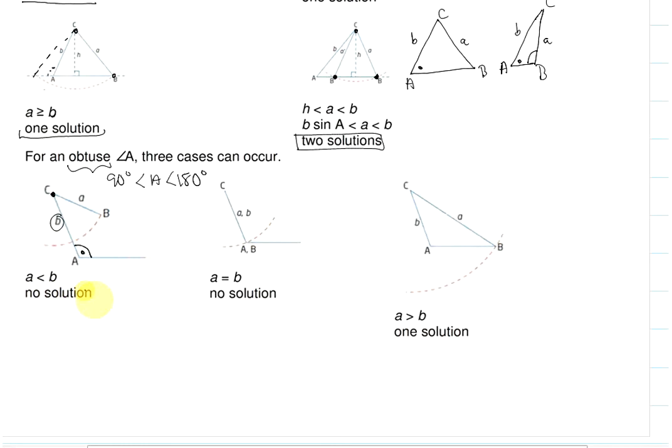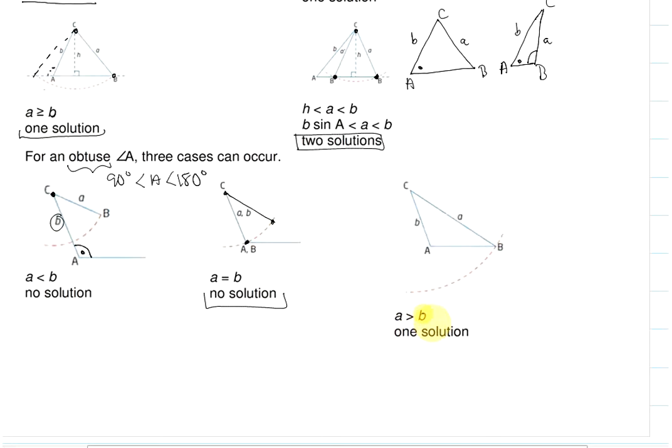So no solution. If A equals B, so they're the same length, then if I swing A from right to left, there's only one place where it's going to touch my base, which is right here, and I don't get a triangle. I just get two sides to what could have been a triangle. So no solution again.